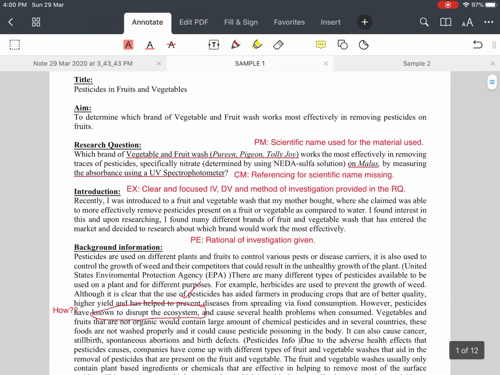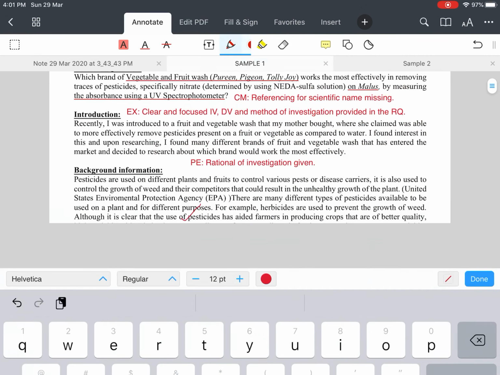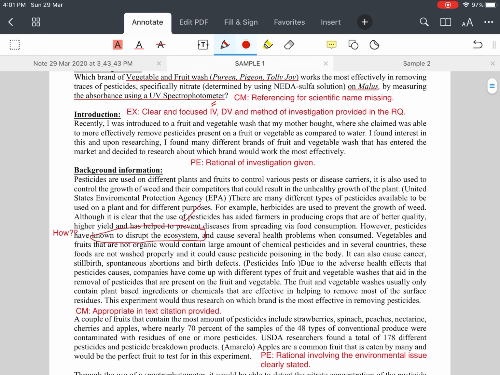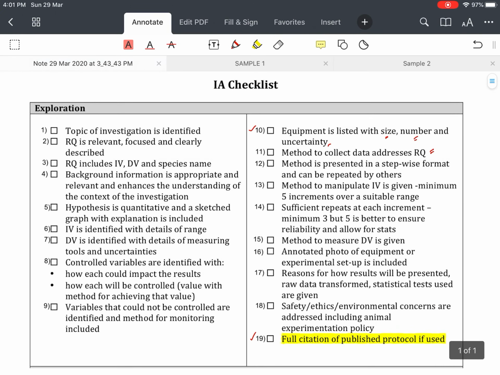But if you look at this research question, you can see the spectrophotometry is used to collect the data. If I'm using a spectrophotometer, it means my procedure should clearly indicate how data is collected. And that is the point 11.